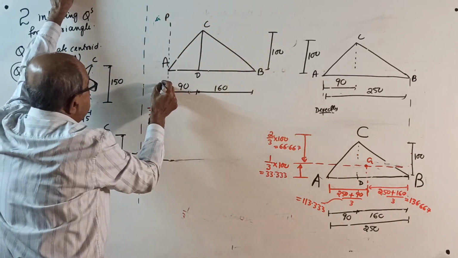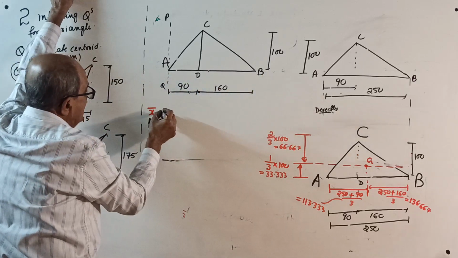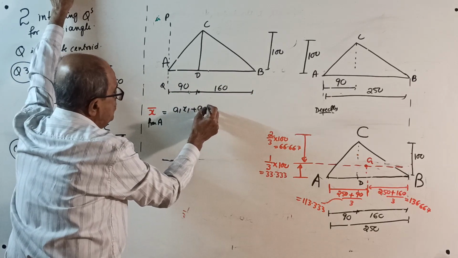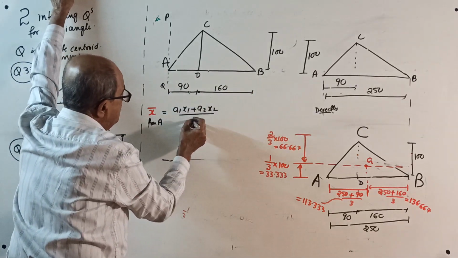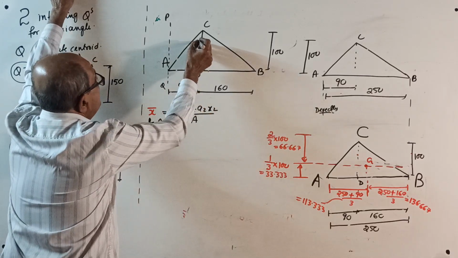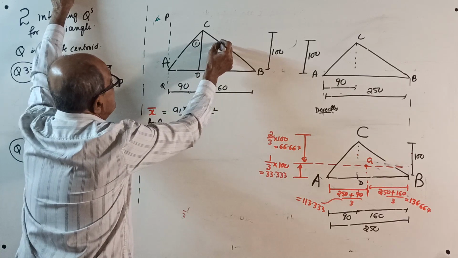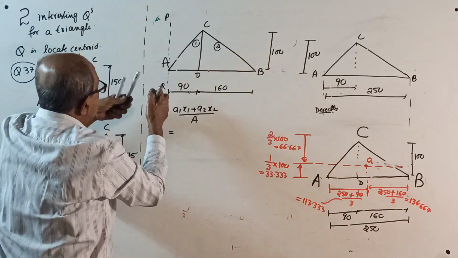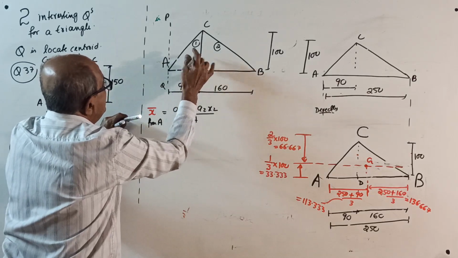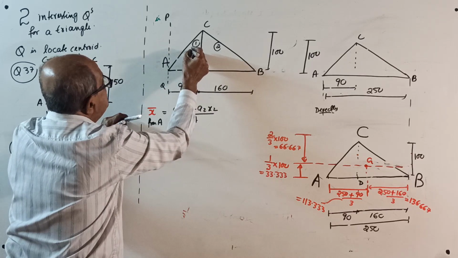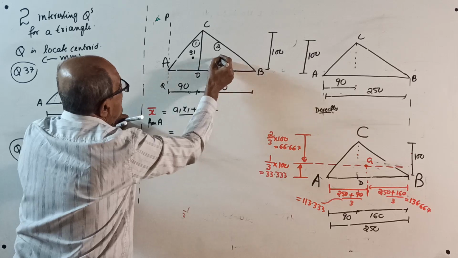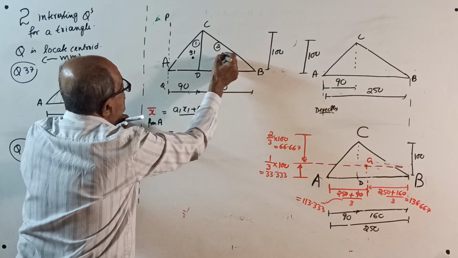From a reference axis PQ, find x bar equal to A1 x1 plus A2 x2 divided by total area. You take this as figure number 1, figure number 2. This centroid will be somewhere here, G1. This centroid will be somewhere here, G2.